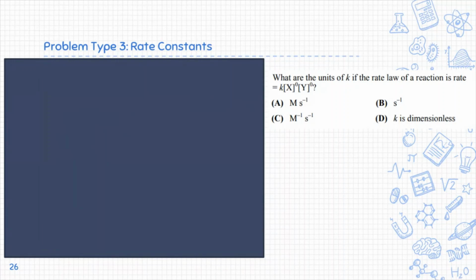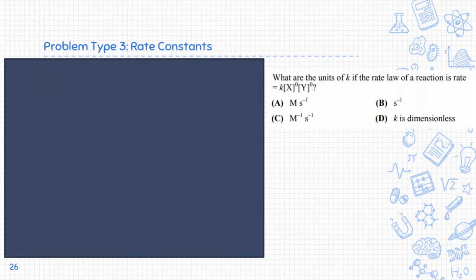Oh, nice. Okay, so I think that's enough. This is kind of surprising, but as you can see, they gave you the rate law of the reaction. It says the rate is the rate constant times, well, it says 0th order in X and 0th order in Y. That basically means the reaction rate is independent of the concentration of both the reactants.